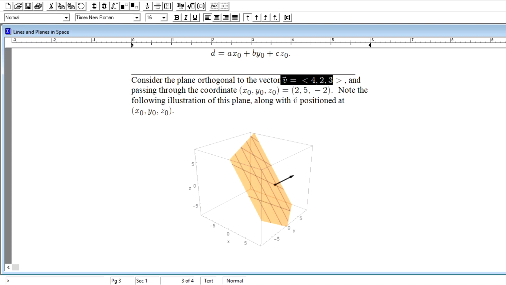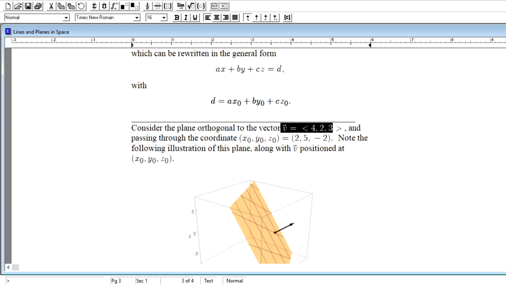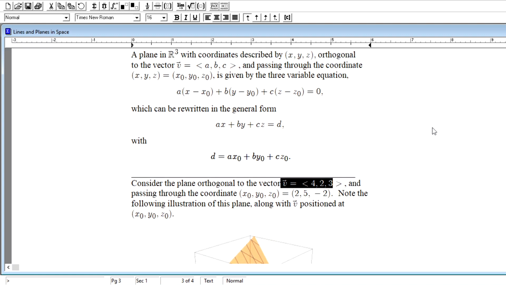And that equation just comes from substituting these descriptions for direction, 4, 2, and 3, into the locations for a, b, and c in this formulation, and substituting these bits of information for this coordinate on our plane at x null, y null, z null into the locations in our formula for x null, y null, and z null.